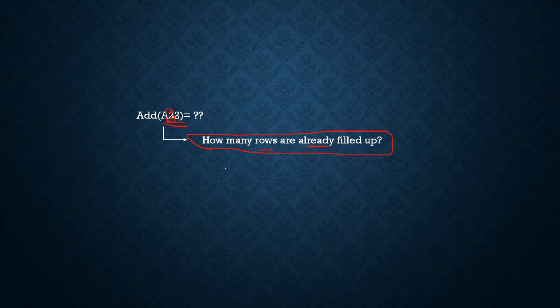But we have the equation for this: last minus first plus 1. We want to find out A22. So last is equal to 2, minus first is equal to 1, plus 1, that is equal to 2.